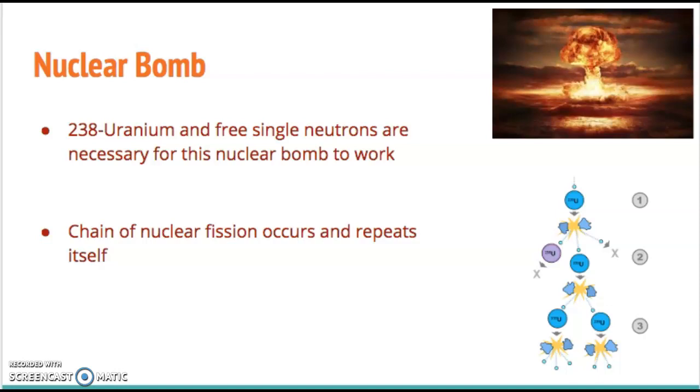And basically these components react, and they eventually cause a chain of nuclear fission to occur. This is also called a nuclear chain reaction. And once this chain starts, it just repeats itself and eventually will create a large amount of heat and energy, and it'll create what we know as this big explosion, what you think about whenever you think of a nuclear bomb.